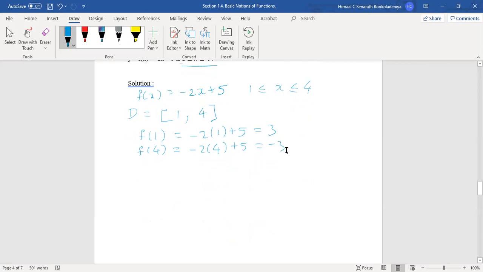What's the smaller y value? Negative 3. The higher y value is positive 3. Therefore, the range is negative 3 to positive 3.